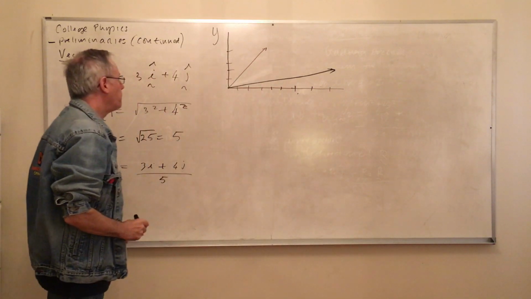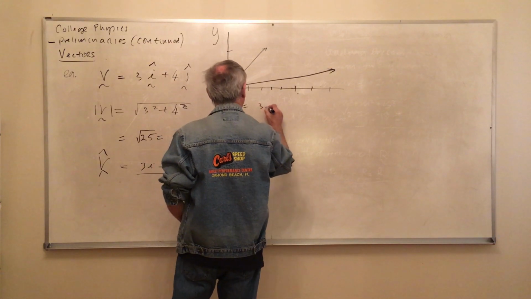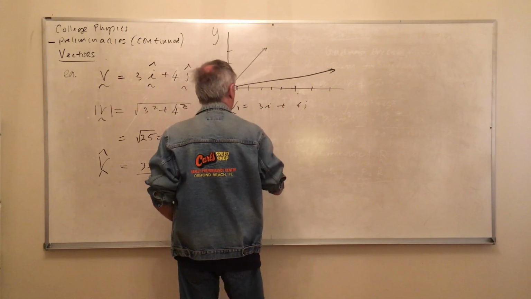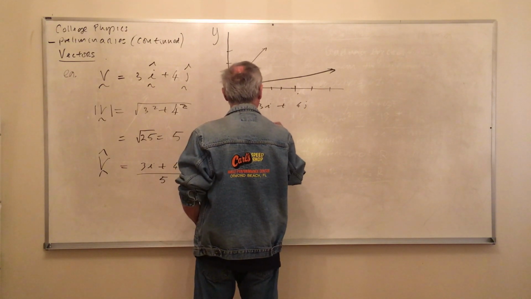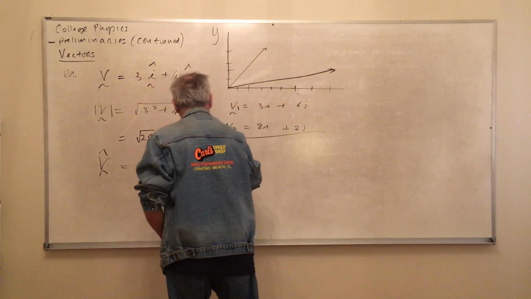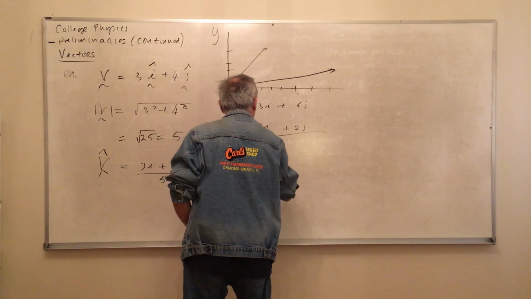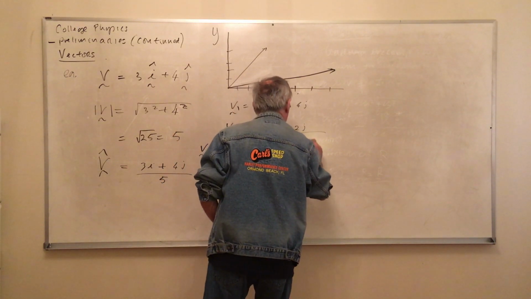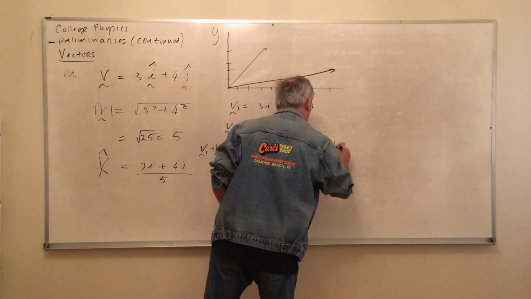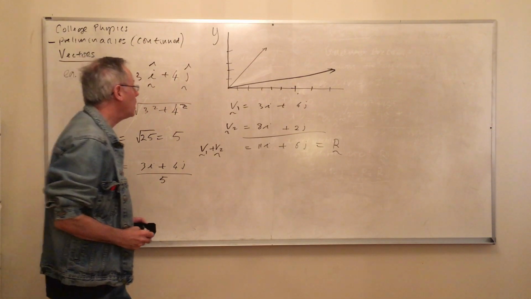Here's another vector. If we add them, we add the components. V1 plus V2 we will call R, the resultant of adding the 2 vectors. It's a 2-dimensional case only.